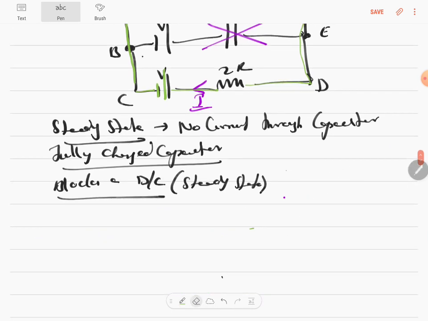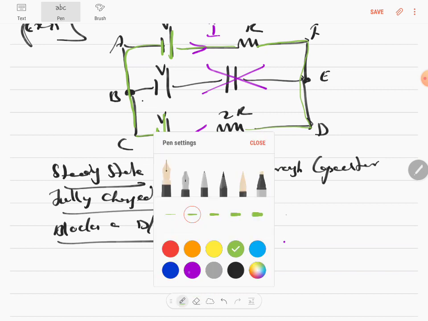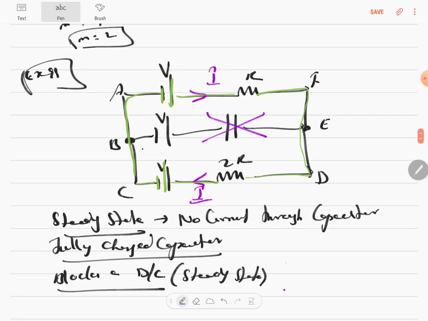Okay, so another way of doing the sum is, you know that the potential between this end and this end will be the same as the potential between here and here.